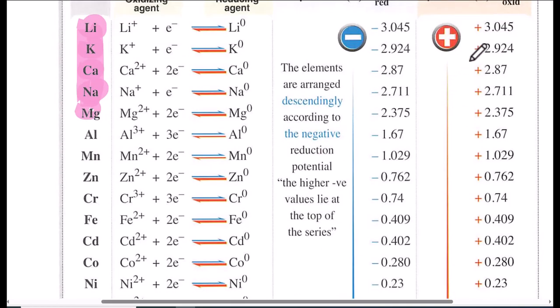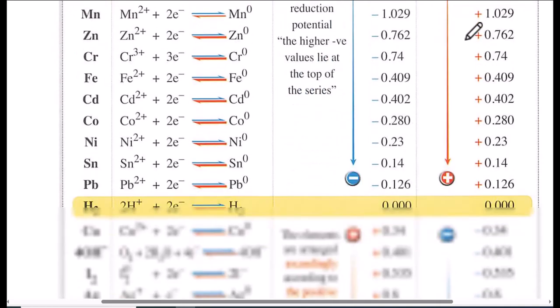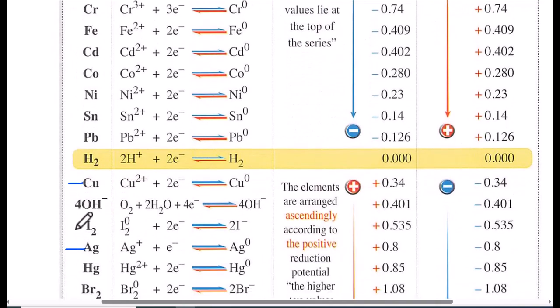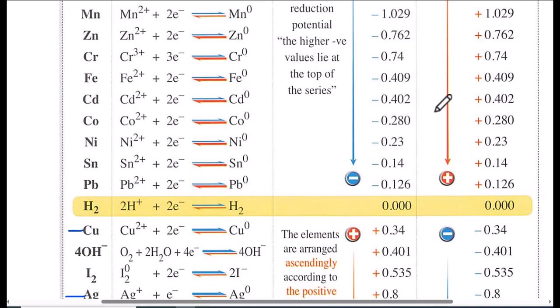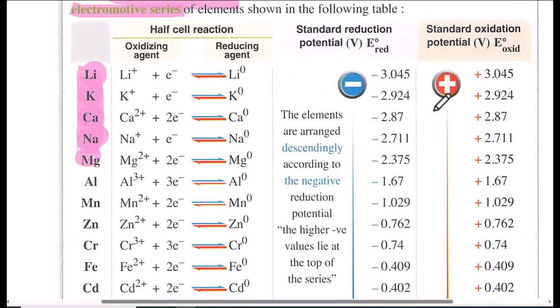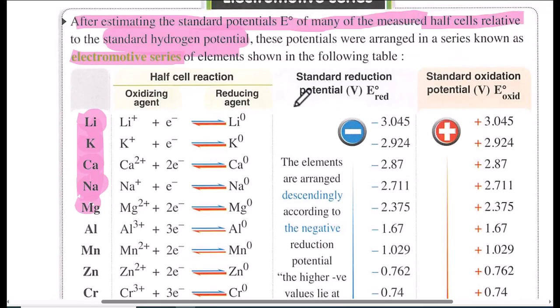So the higher oxidation potential elements lie in the upper places, and the lower oxidation potential elements lie in the lower places of this electrochemical series or electromotive series. It can be expressed in another way: it is the arrangement of elements according to the reduction potential ascendingly.